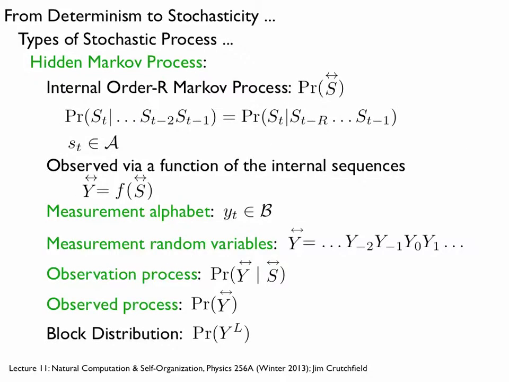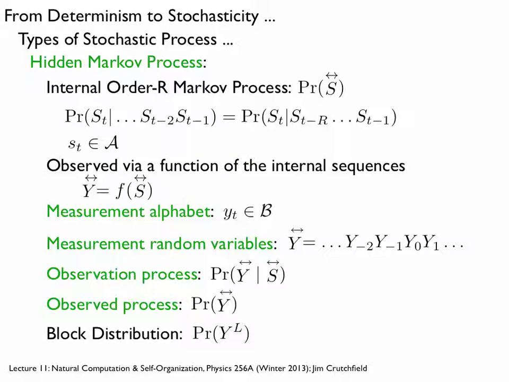Okay, so again, like with our dynamical systems, that was us looking in the box and seeing the behaviors. Now I'm going to interpose a measuring instrument here, and we'll talk about hidden Markov processes, where we don't get to know what the internal state or symbol is, except as given to us by a measuring instrument.